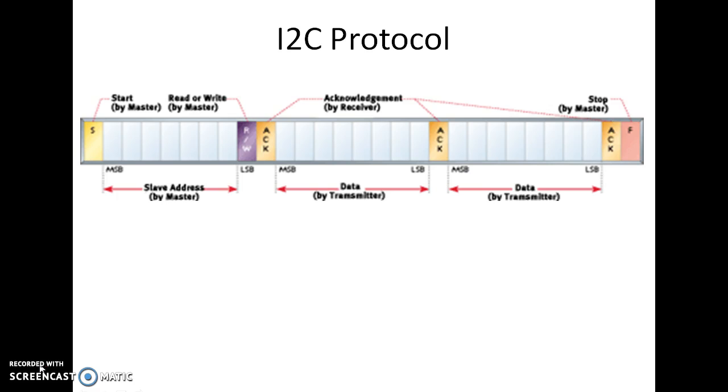Then the slave corresponding to the given address will acknowledge the address, and based on the read-write bit, either master or slave will start the transmission. For each transmitted byte, there will be an acknowledgement from the receiver, and after the final byte, the master will always stop the transmission.